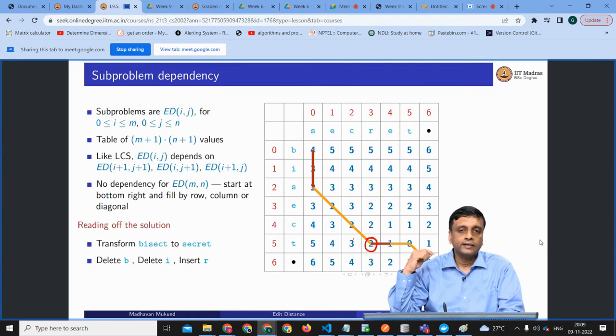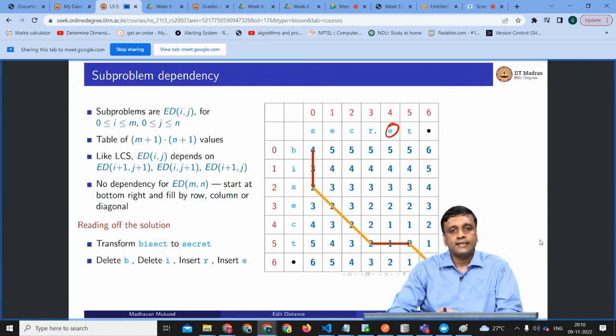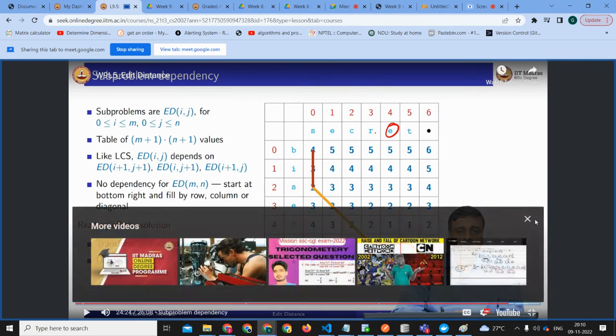That means I'm taking the first value in the second string and inserting it. So I'm actually inserting this R. And then in the next step, I again insert an E. So by looking at the positions where changes happen, you see why each entry was added.